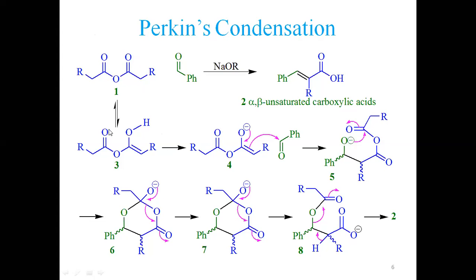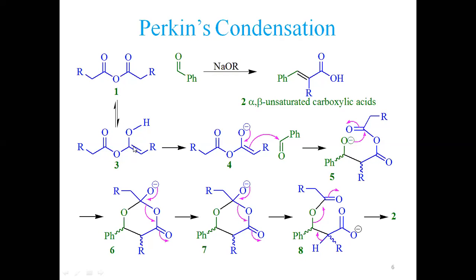So we shall cover this Perkin condensation today, and we shall start with the other type of electrophilic substitution, aliphatic electrophilic substitution reaction, next week. This is the last we are discussing today. So just look at the structure number one, which is an anhydride and shall undergo enolization.